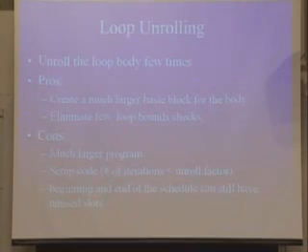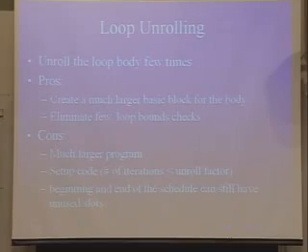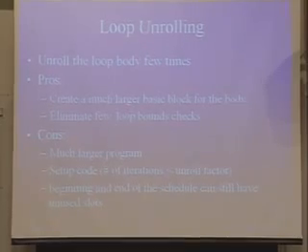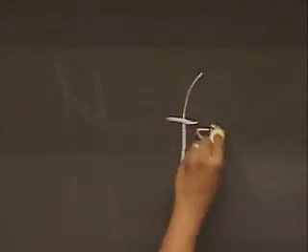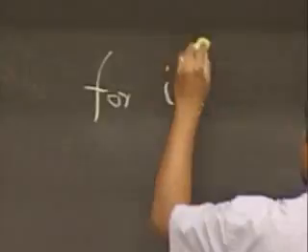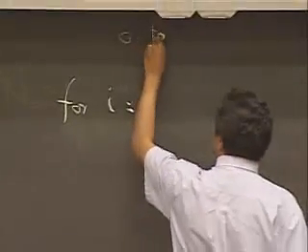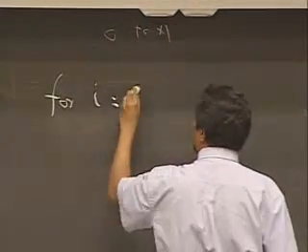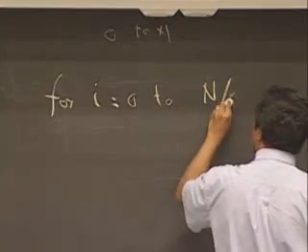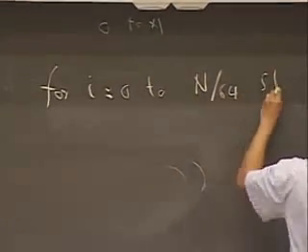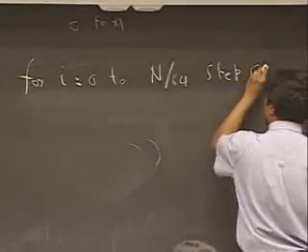Other thing is, as I said, I have to have 2 different bodies in here. So assume I am unrolling 64 times. First I will do for I equals 0 to n divided by 64, step 64.